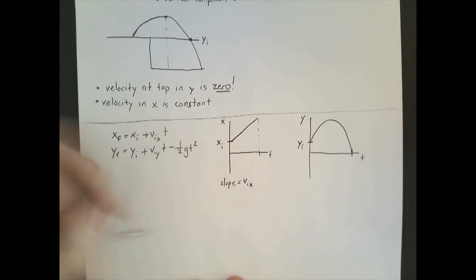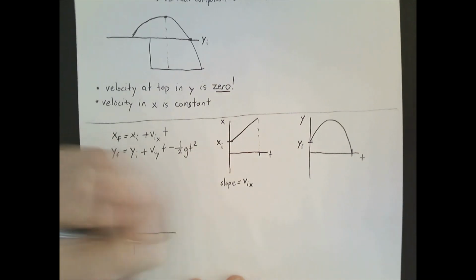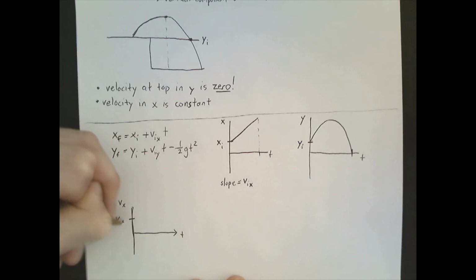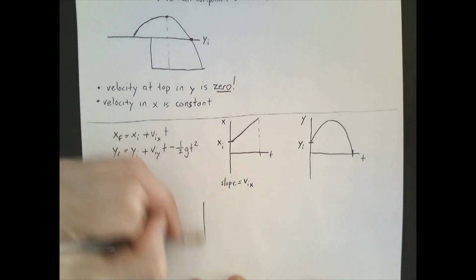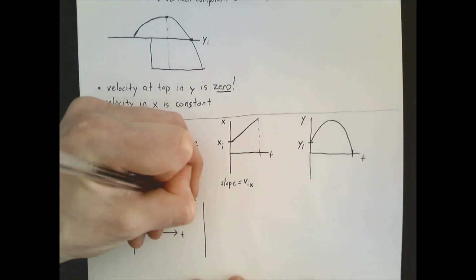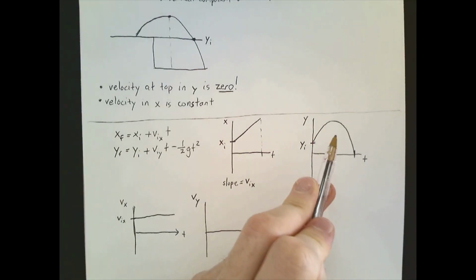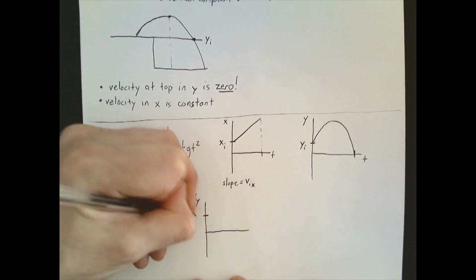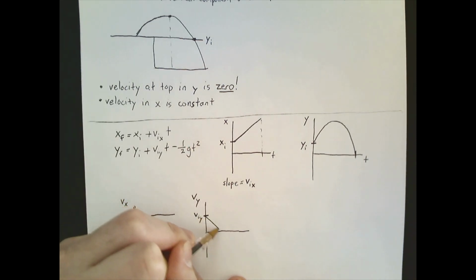Again, we're looking at the slope. So Vx we said is constant. Once we know that value, it's always going to have that value. So this is v initial x. It's just going to be a flat line. Vy, the object moves up and then it moves back in the other direction down. So it might start going up with a positive velocity, v initial y. It's going to slow down as it reaches its maximum point.